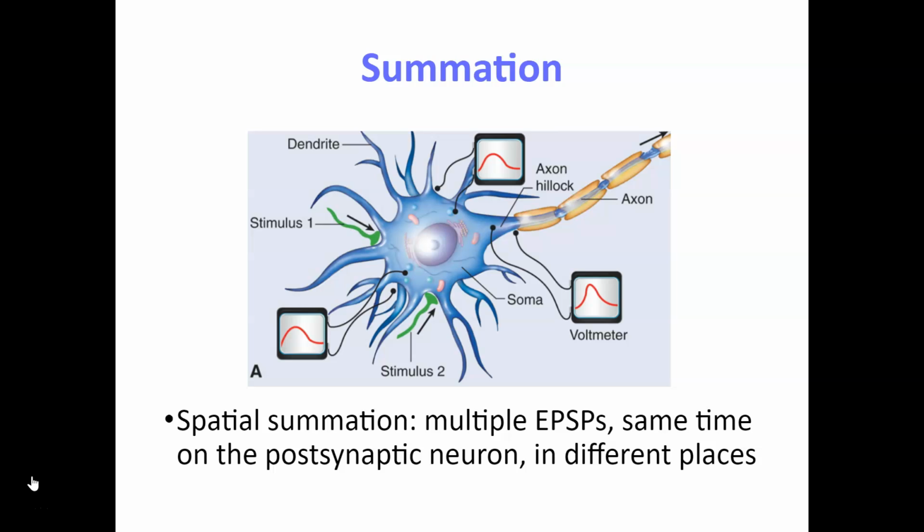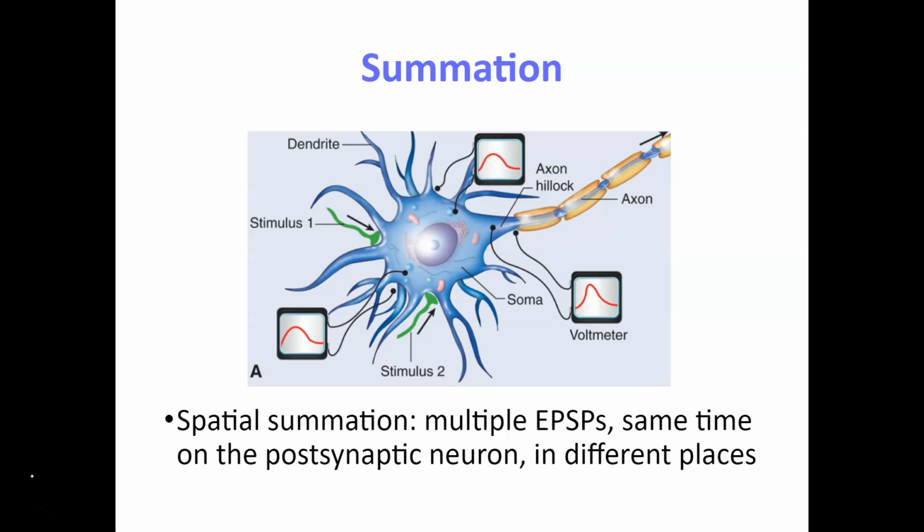And that's exactly what's happening in our diagram here. You can see that we have stimulus 1 over to the left, and then stimulus 2 is down here at the bottom. So we have two different synaptic knobs that are transmitting signals to our neuron.